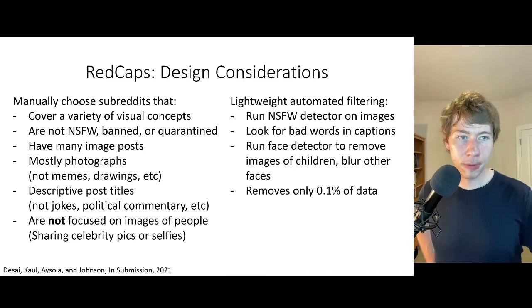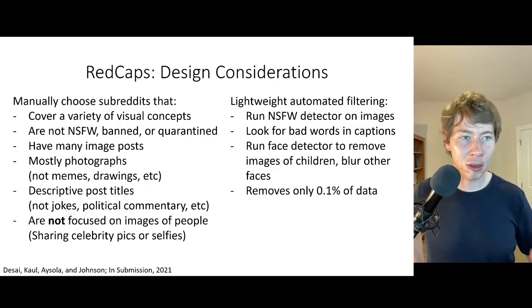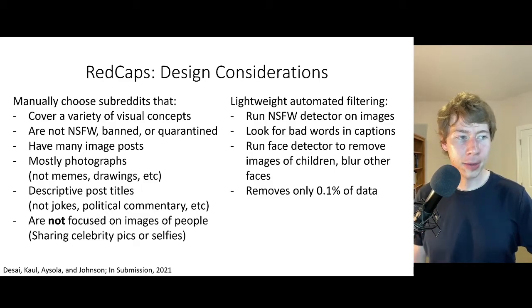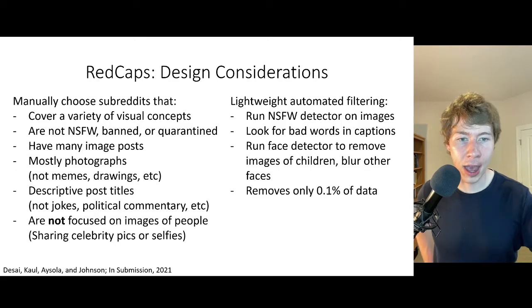But these automated filtering steps are extremely lightweight compared to those used in something like conceptual captions, and they only end up removing about 0.1% of the dataset overall. That means we end up with like 99.9% recall, and that just means that the community of Reddit itself, at least within these chosen subreddits, ends up doing a great job at self-moderating and keeping their content high quality.